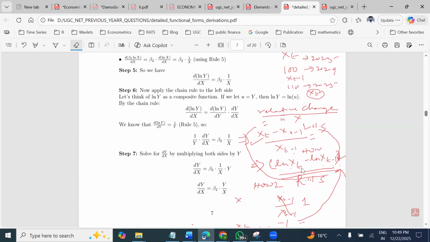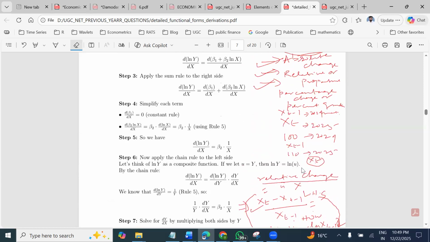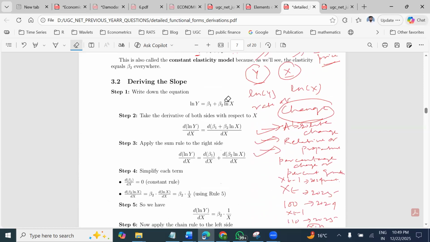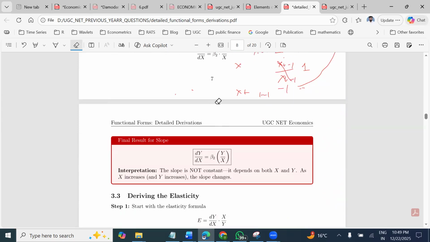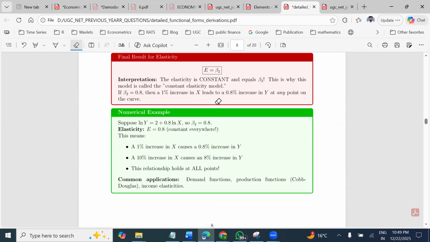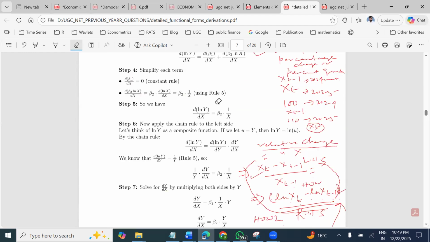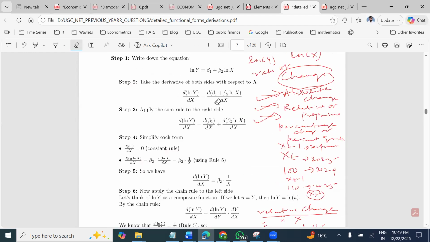And another important thing I told you: if you take ln y and convert x to ln x, you will get beta 2 as the direct percentage change. So how will you interpret it? You can say if x increases by how much?